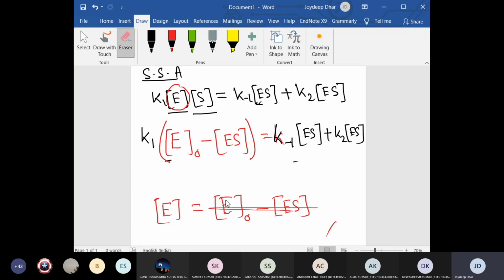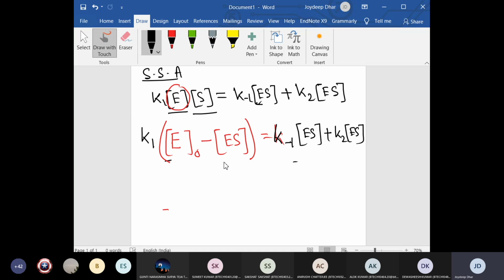So now what you are seeing, the equation is a little changed, and finally you have to rearrange and get the intermediate, how much ES, that bound complex, it will be. Okay, so if you rearrange, you will find it will be, no, K2 will not be there, sorry.